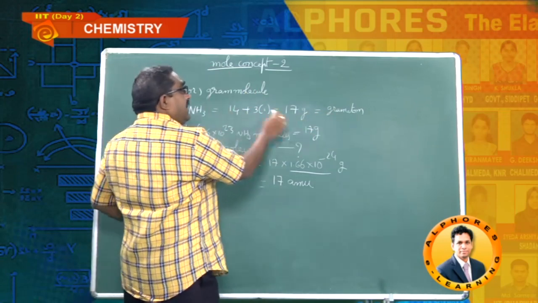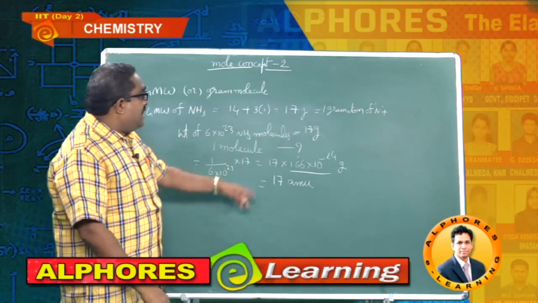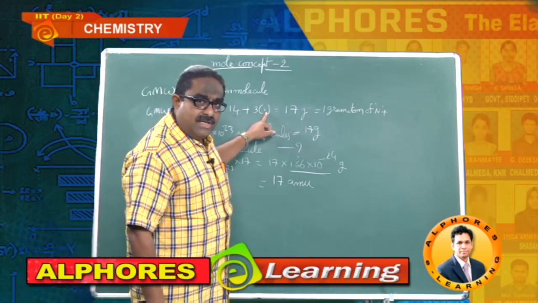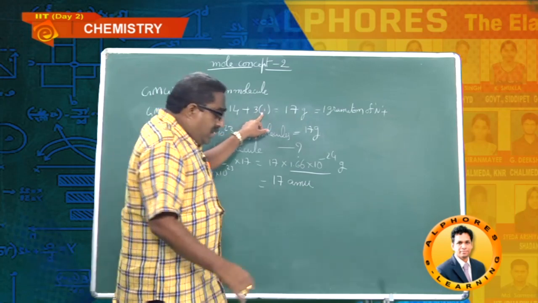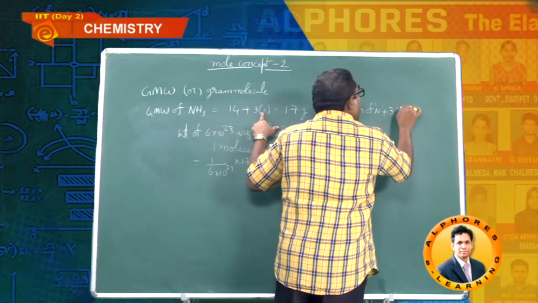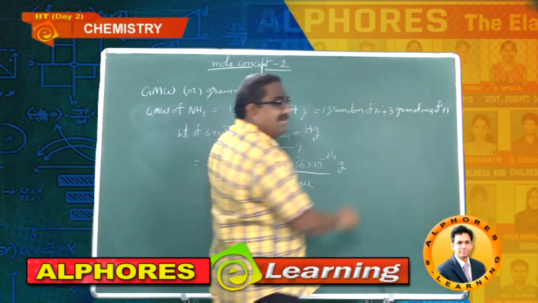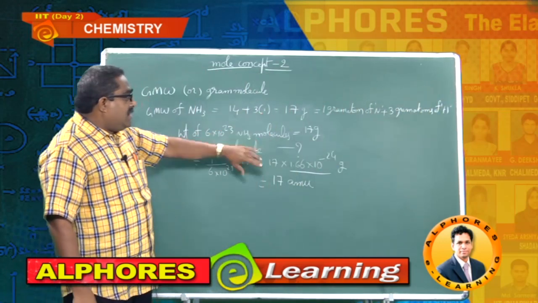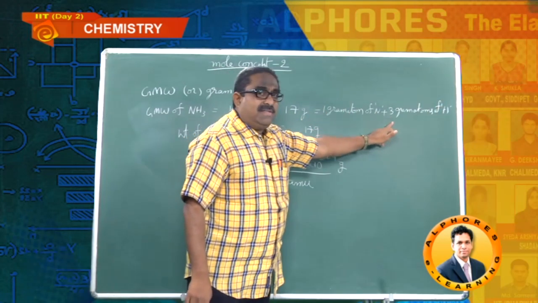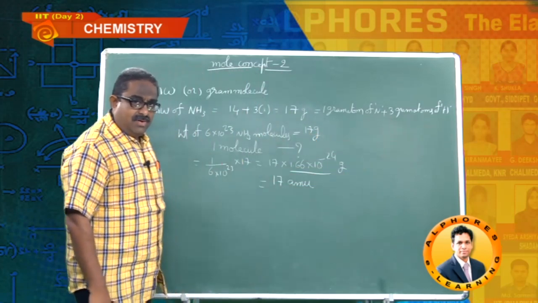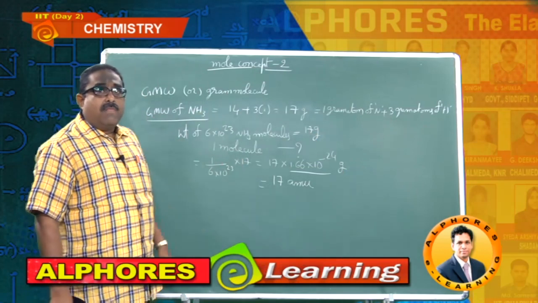So here 14 I can write as 1 gram atom of nitrogen, plus the gram atomic weight of hydrogen, which is 1.008. We can take it as 1 gram for calculation purposes. And we can write here 3 gram atoms of hydrogen. So the 17 grams I have written as 1 gram atom of nitrogen plus 3 gram atoms of hydrogen. Then what exactly did I get? The molecular mass of ammonia.